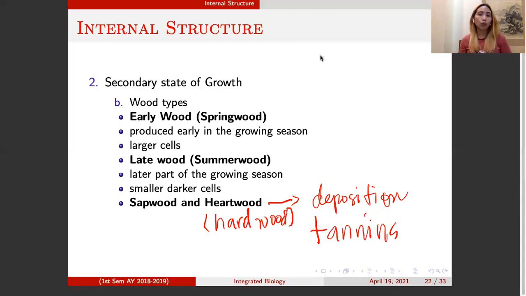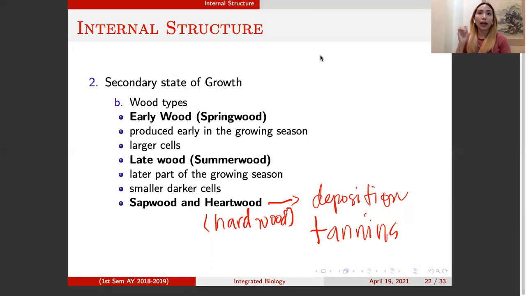And then we have sapwood. Sapwood naman are the ones that are mostly nasa outside. They are bigger. Sapwood are the ones nearer the vascular cambium. No? If heartwood is the one that is dead center, so meron kang cylinder, there's one dead center. Sapwood are the ones near the vascular cambium. Okay?